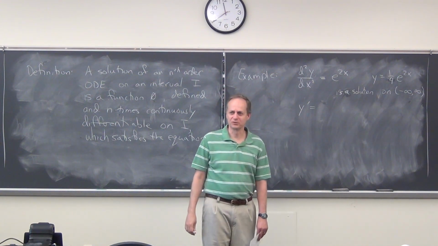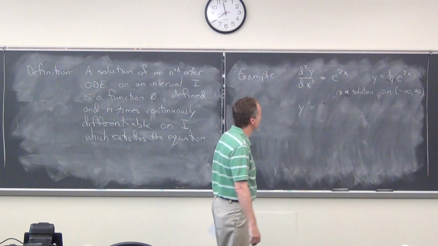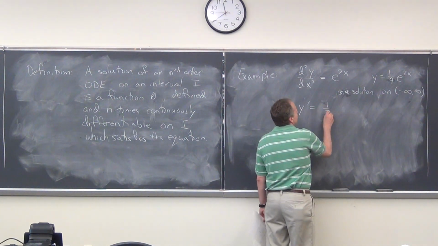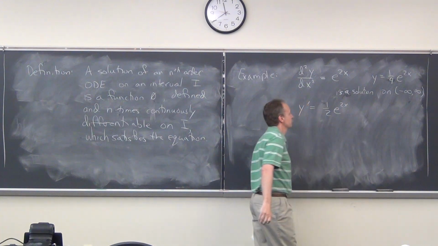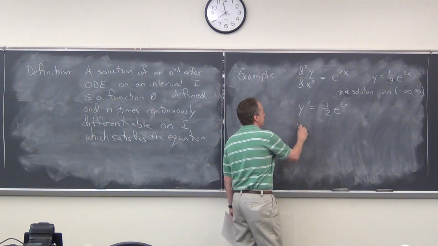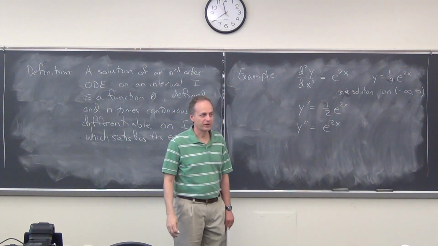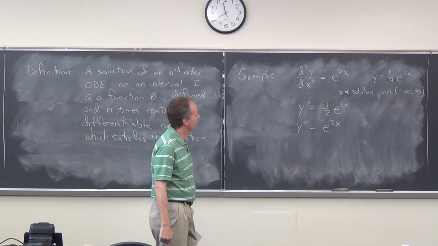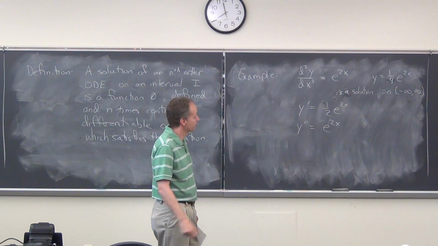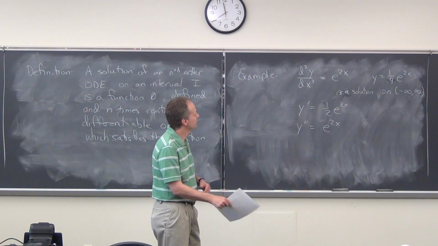Provided you take derivatives of exponentials, which hopefully you will. First derivative is 1/2 e to the 2x. And the second derivative is, as required, e to the 2x. And that's all that's necessary to verify that it is a solution. And it's a function that's defined from negative infinity to infinity.